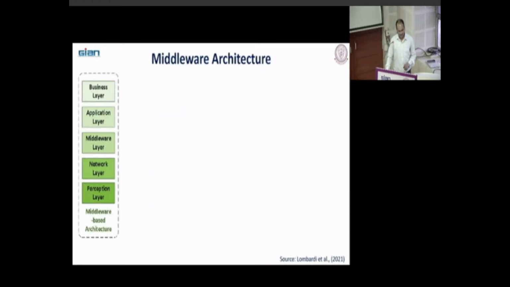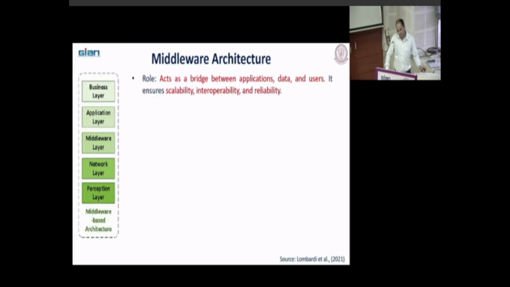Middleware architecture, another third. What is the additional term added here? Middleware. Then what is the use of that middleware? It acts as a bridge between applications, data, and users. So middleware sits between the network layer, when you transfer that data to the cloud, and the application layer.